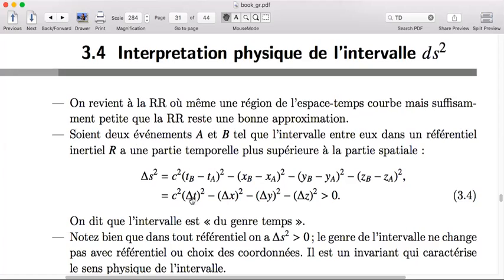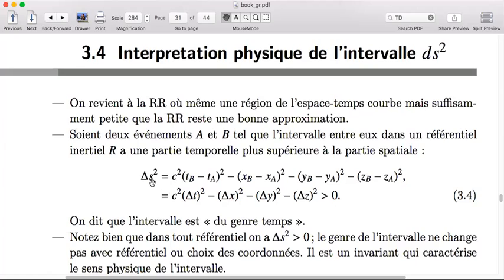Delta t is the finite separation in the time coordinates between those 2 events. Delta x is the finite separation in the x coordinate, etc. And so this was our interval of special relativity. But remember, there were two distinct cases. In fact, there are three cases you can talk about, but the third one's a very special one.